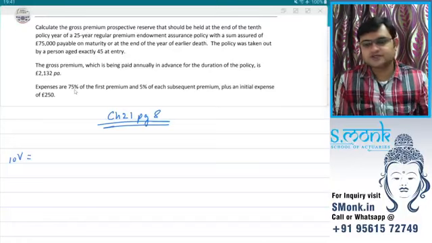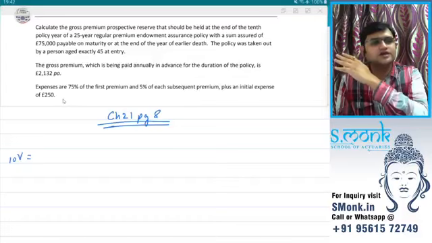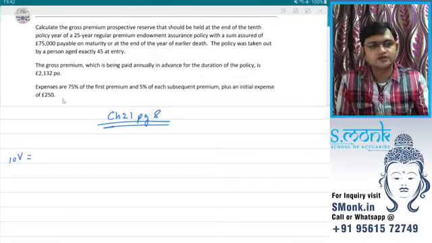Now these initial expenses will not be taken into account because we are talking about future cash flows. The initial expense of 250 and the first premium expense have already been incurred. These are past values.